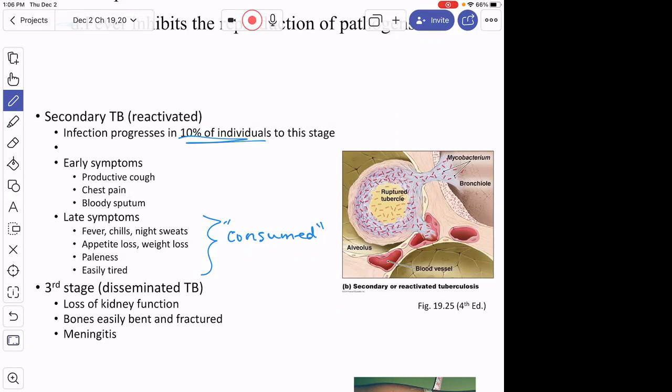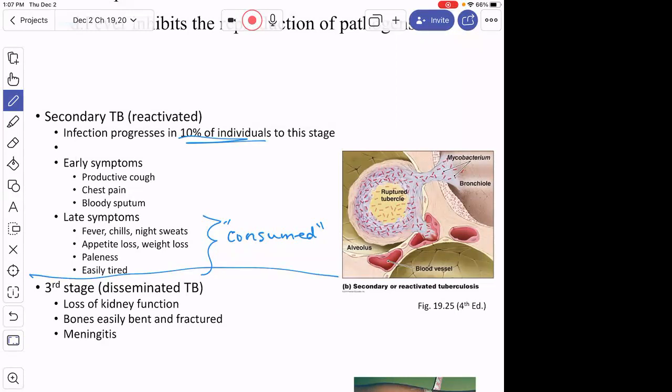At this point, mortality is about 60% if it's not treated. So pretty serious when it reactivates. They're infectious. Remember, this is airborne, so breathing it out, coughing it out.